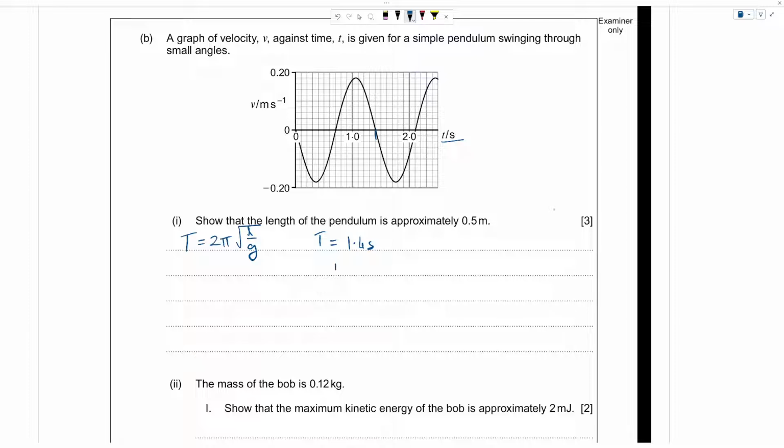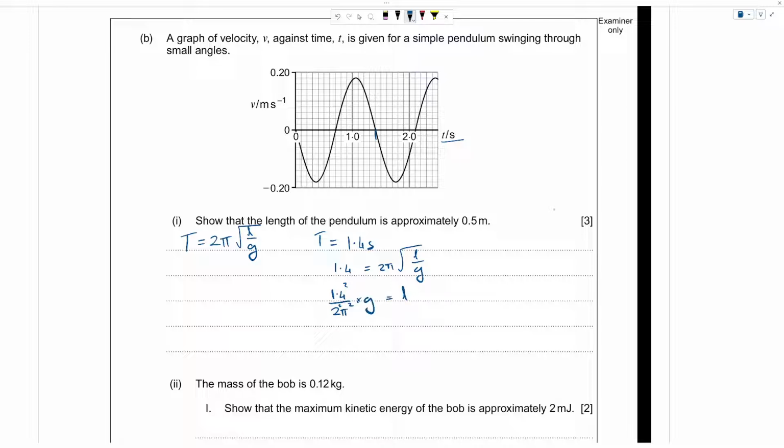So now let's put that into our equation, rearrange and solve. So dividing both sides by 2 pi, squaring, let's just square everything and multiply by g.